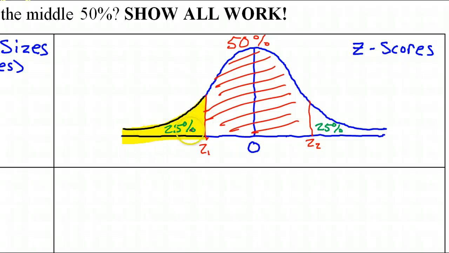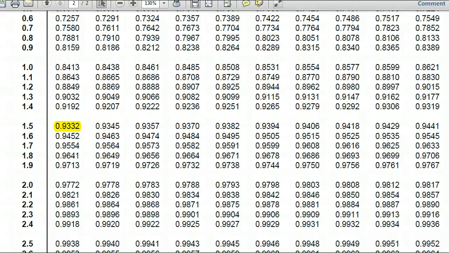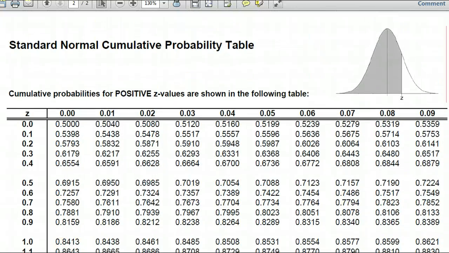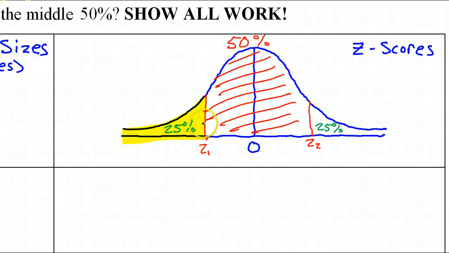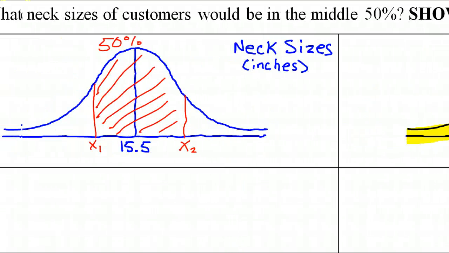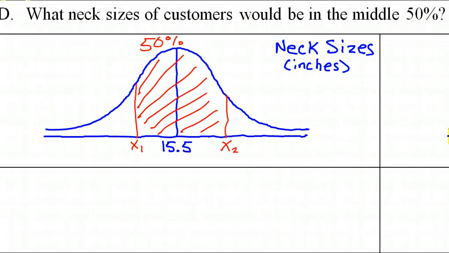But for right now, what I needed was the yellow part, because the chart only gives you percentages to the left of any z-score. So we have to use the percentage to the left of the z-score that we're looking for. We're going to start with that 25% that we just found.